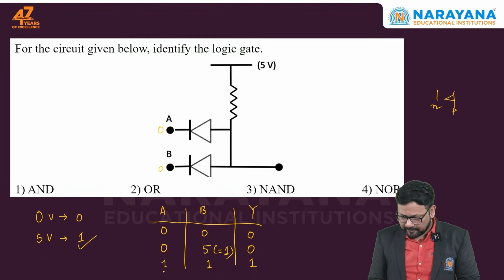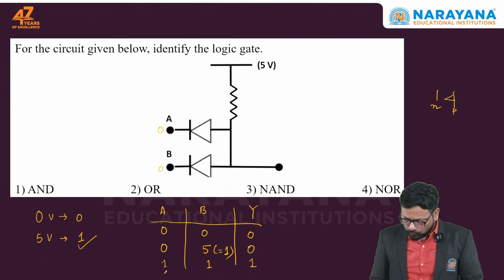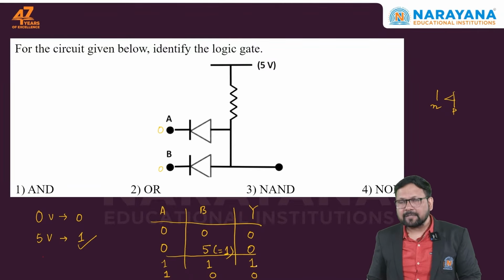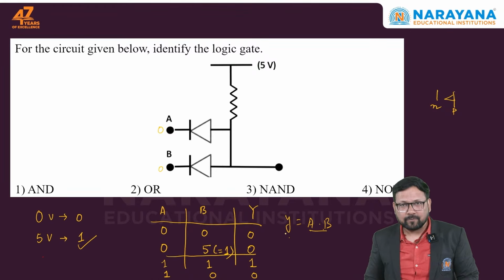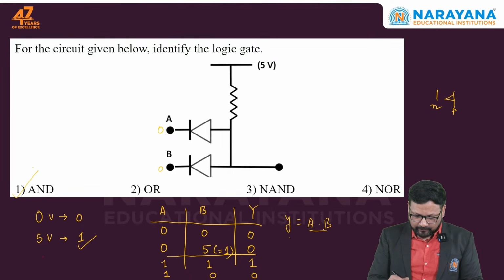And if you are giving 1 and then 0, the same thing will happen and it will be 0. That truth table is for the AND gate, that is Y equals A into B. Only for 1 and 1 will the output be 1. So the AND gate is the answer.